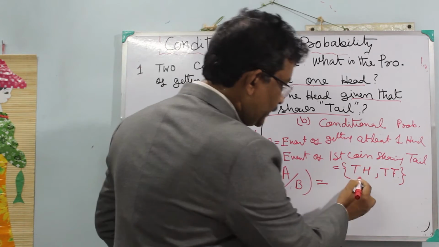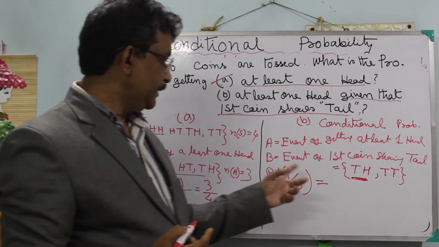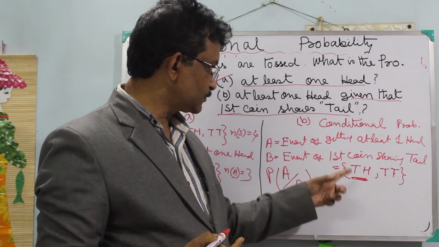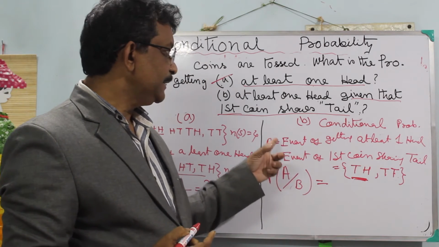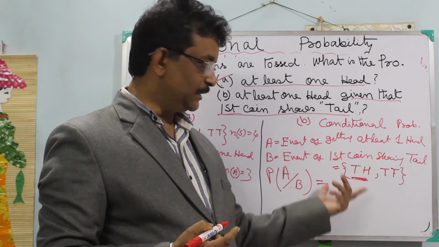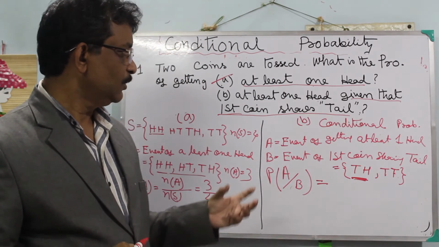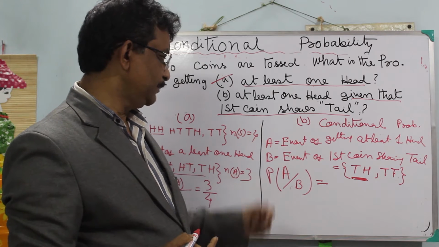So this element satisfies both A and B. Event B has occurred, the first coin shows tail, and the event of getting at least one head. There is one head, at least one head, so it satisfies. So TH is the only element which satisfies both A and B.